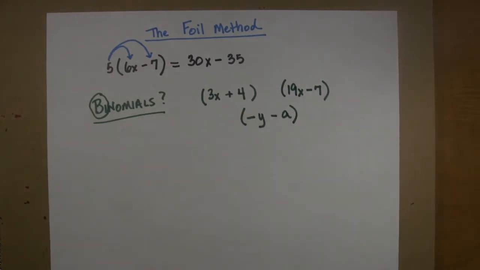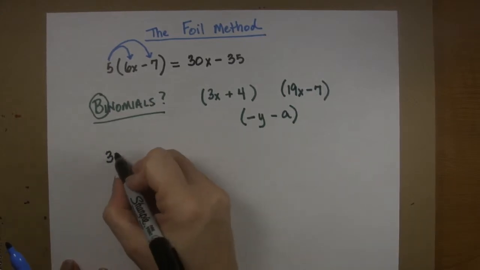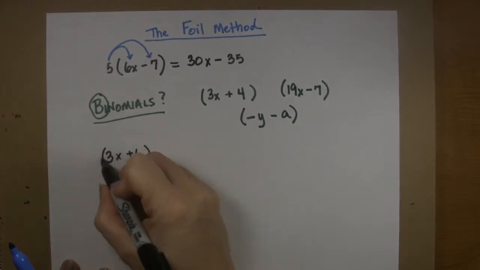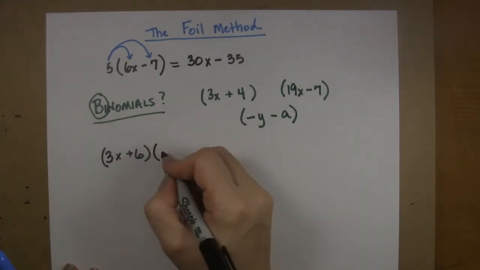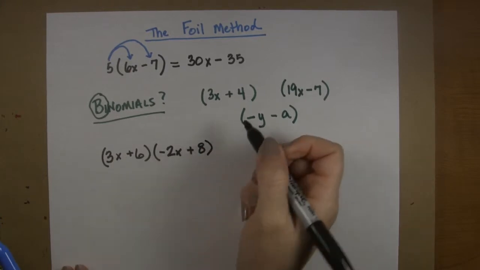And what we want to do is have some practice multiplying binomials. So let's say that we have a binomial that is 3x plus 6, and we are going to multiply it by another binomial, maybe -2x plus 8.